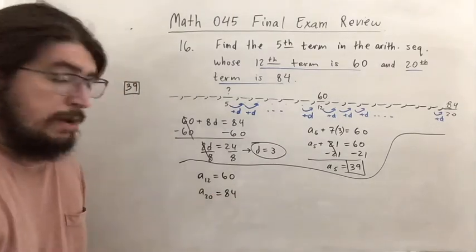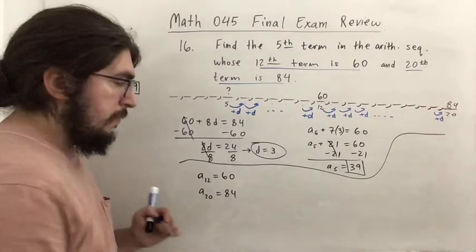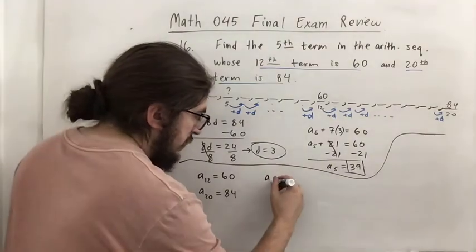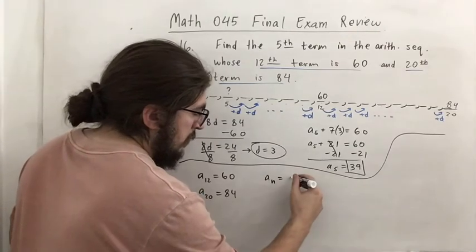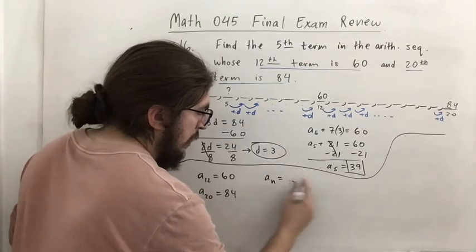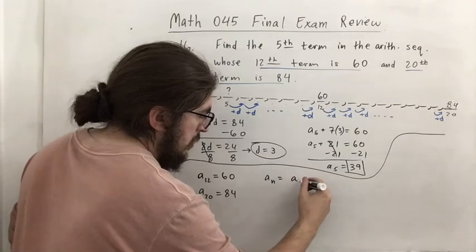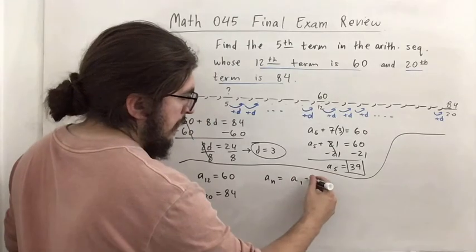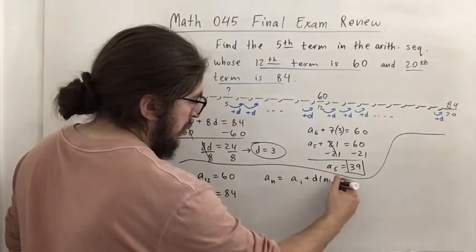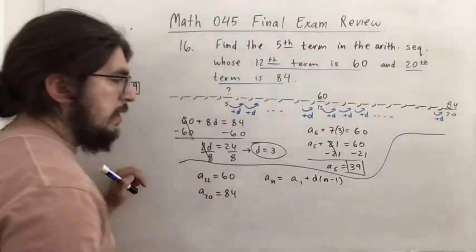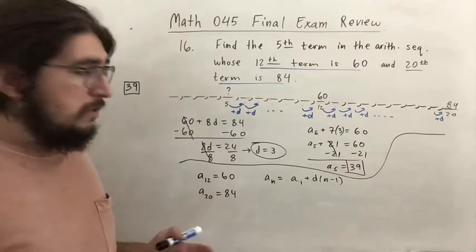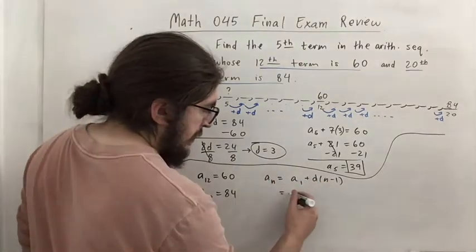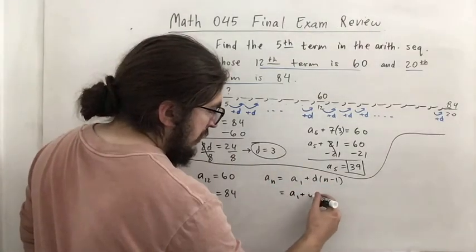Okay. Now we also have a general term for an arithmetic sequence, and the general term is a sub n equals a1 plus d times n minus 1. Now, there's a lot of different ways of writing this. One way I like to do this is to distribute the d. So you get a1 plus dn minus d.